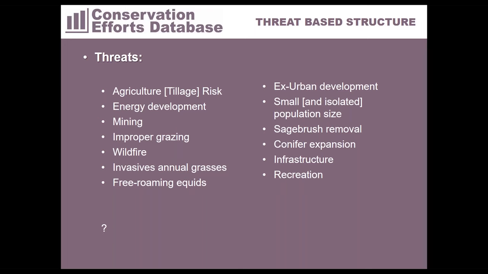That is not to be confused with ranching or grazing. Additionally, we collect information on actions that address things like improper grazing, wildfire, ex-urban development or subdivision, urban expansion, sagebrush removal, recreation, and a number of other things.